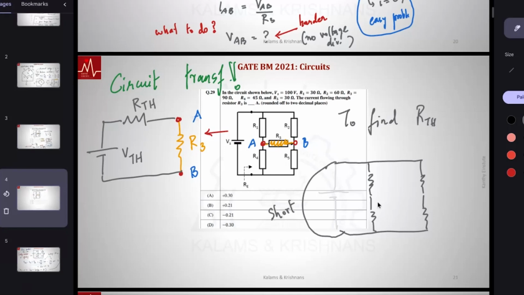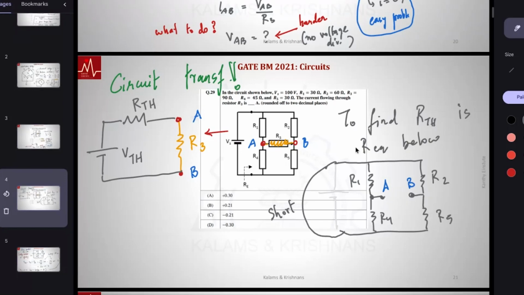And what I have to do is find R equivalent across these two points, point A and point B. So now I have made AB open circuit. By definition, I'm removing the load. For the rest of the circuit, remove the sources and find the equivalent resistance. We'll come to that in a moment.